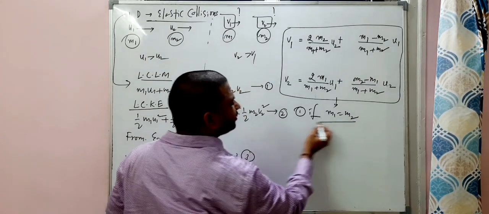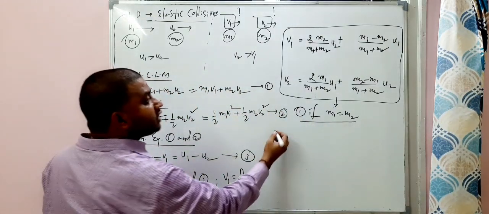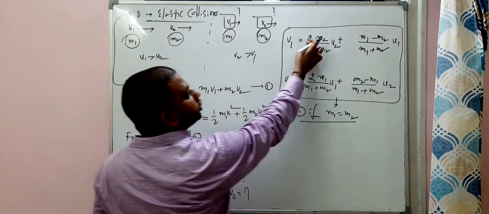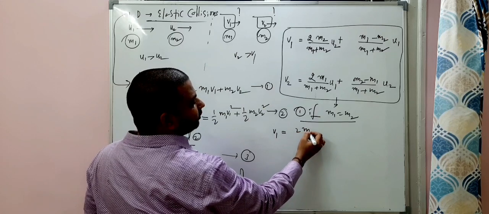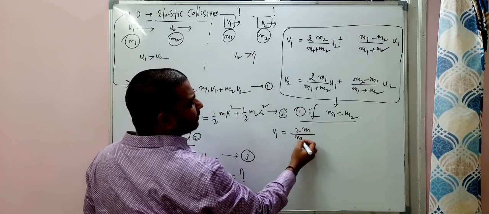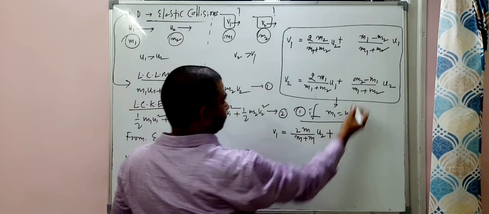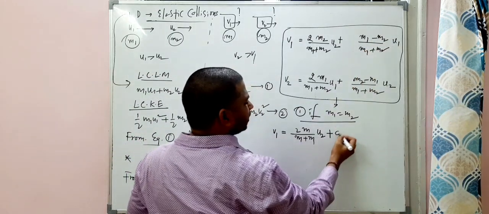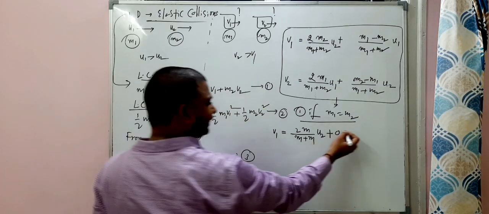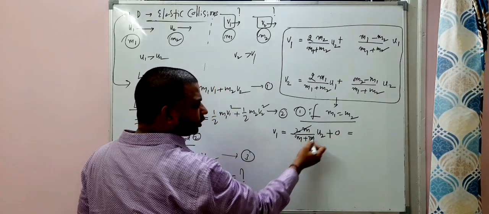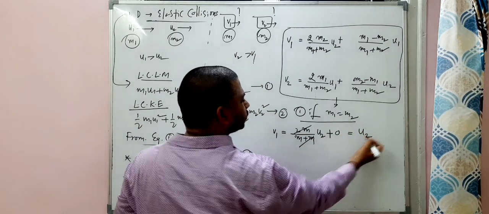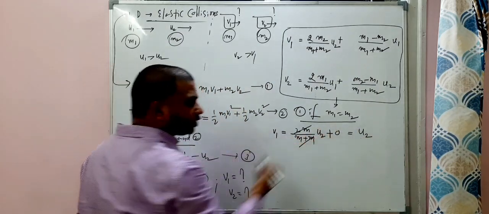If m1 is equal to m2, see what happens to the condition. v1 is 2m divided by m plus m, that is, 2m into u2 plus (m minus m), which becomes 0. Understand? So 2m, 2m cancel and u2 remains. v1 is equal to u2.